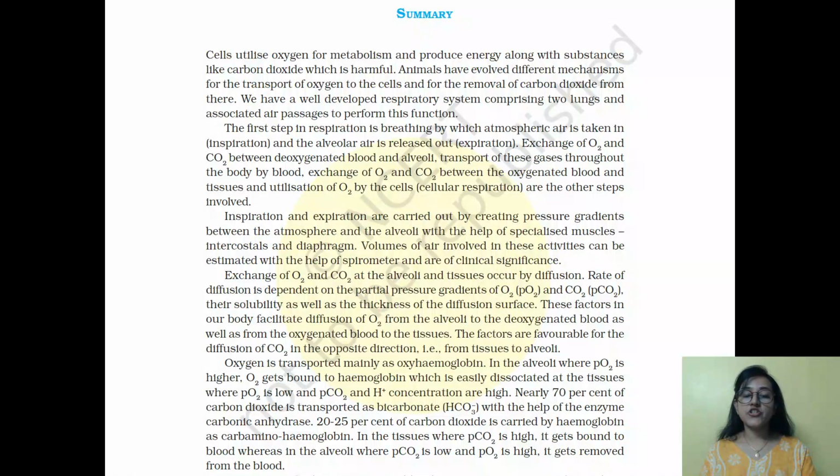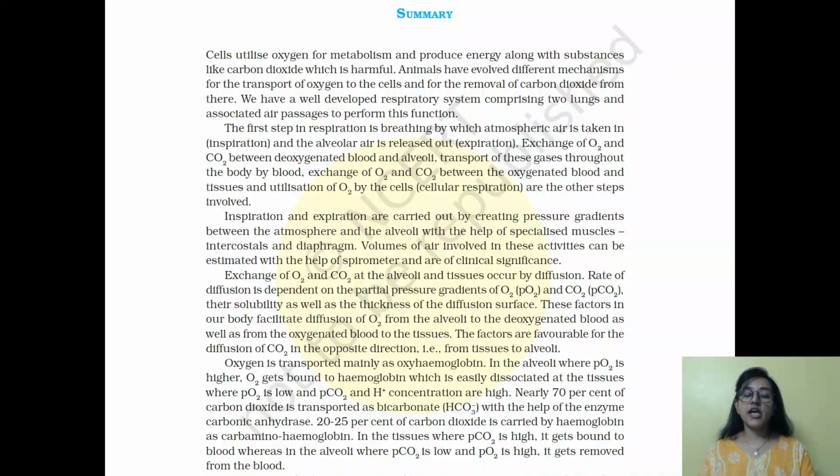Inspiration and expiration are carried out by creating pressure gradients between the atmosphere and the alveoli with the help of specialized muscles, intercostals and diaphragm. Volumes of air involved in these activities can be estimated with the help of a spirometer and are of clinical significance.